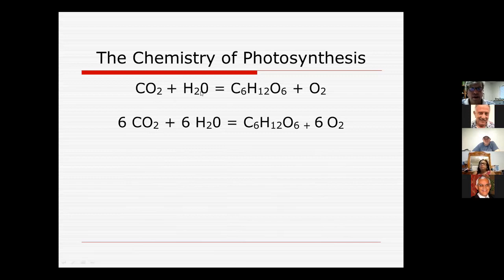Then over here I have my water. I have to have 12 hydrogens. I only get that from water. Each water molecule has 2 hydrogens, so to get 12, I need 6 water molecules. So when you look at this, you get 6 carbons off of here, and then you get the 6 water molecules. That's going to give you the C6H12O6.